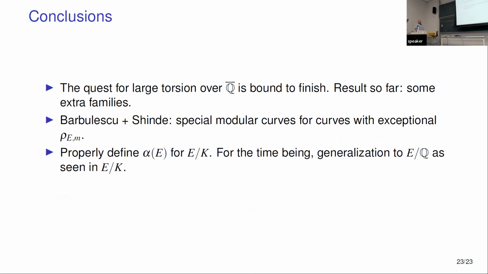I told you that we know almost everything on torsion points over Q-bar, and the objects are getting bigger and bigger, so that's not completely obvious. I still wait for some generalization of the work of Pauli, with a more properly defined value of alpha, and that's all.